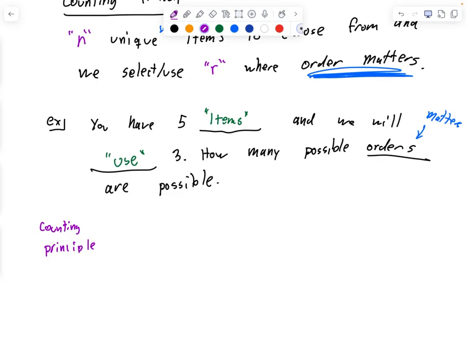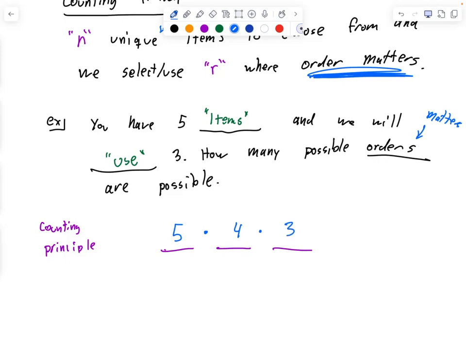Now, in this problem, what is n? How many options did we have? We had 5. And how many were we choosing? We were choosing 3. Okay?